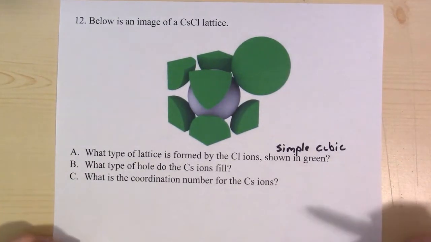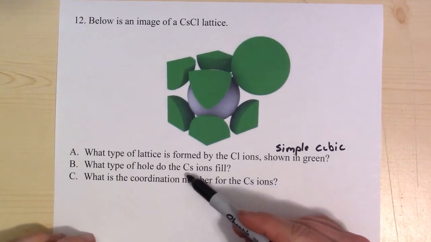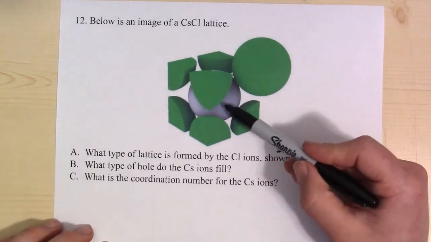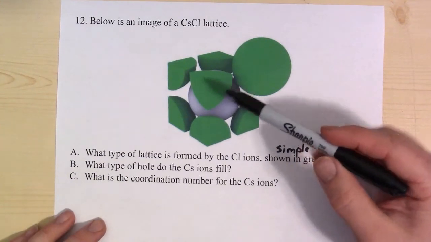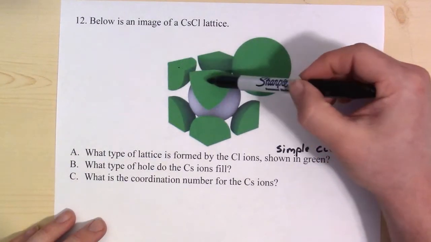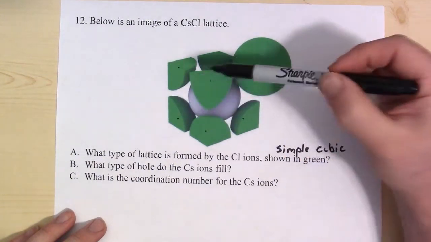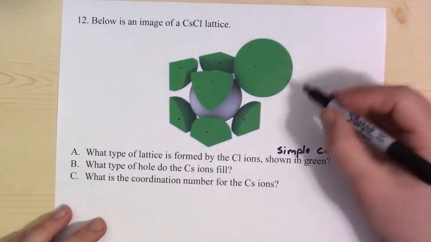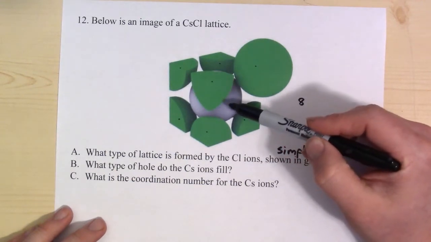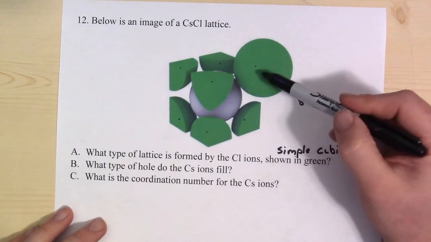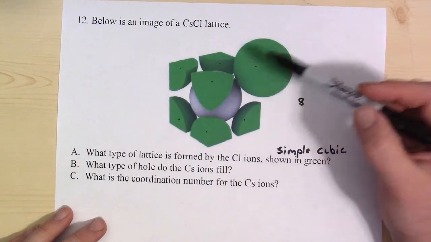So then B, what type of hole do the cesium ions fill? So that's going to be in the middle here. So each of these 8, and then one behind, there's 8 atoms. They're all touching the central cesium atom, so 8 chlorines are touching the central cesium.